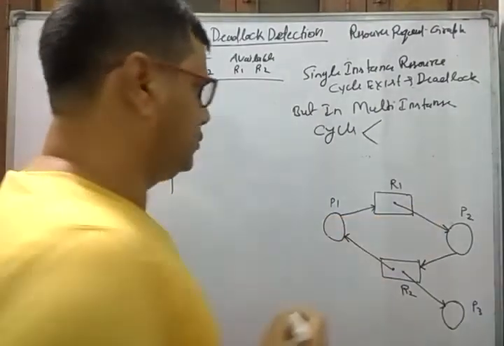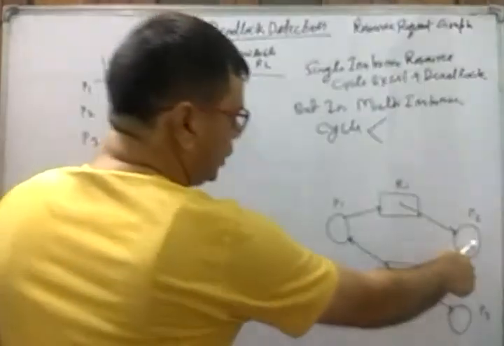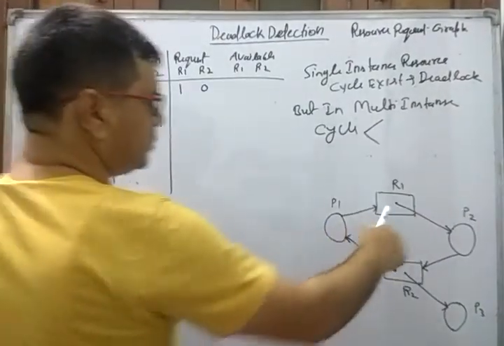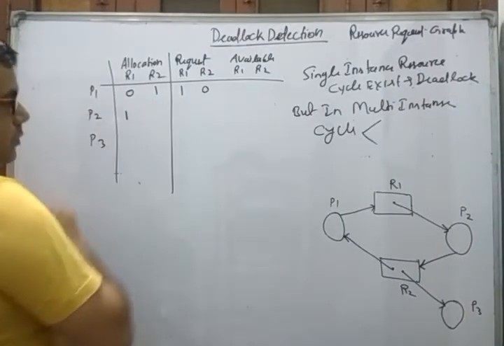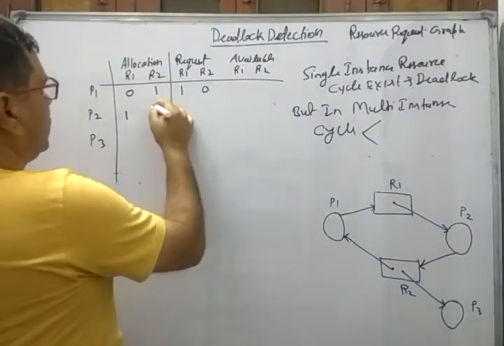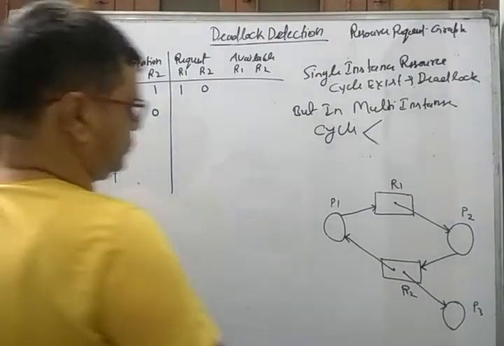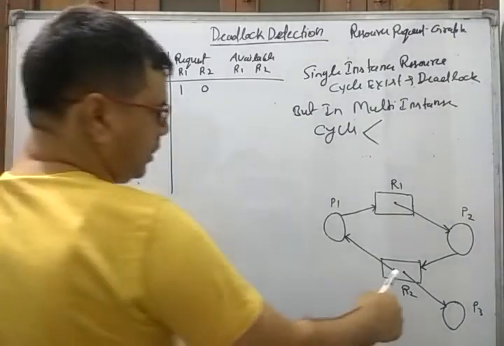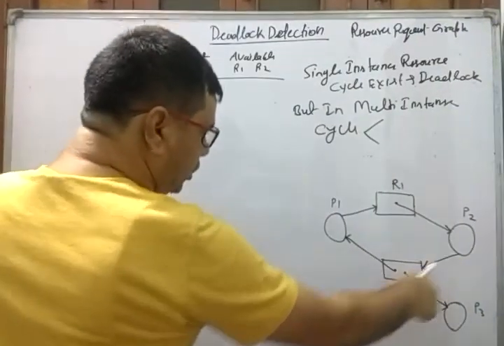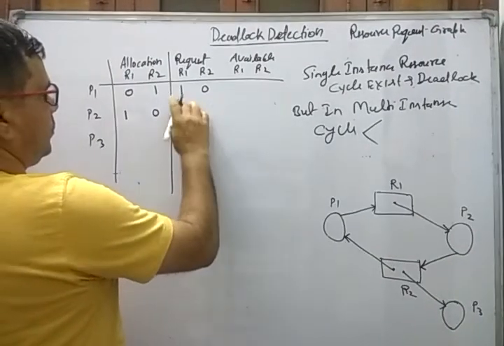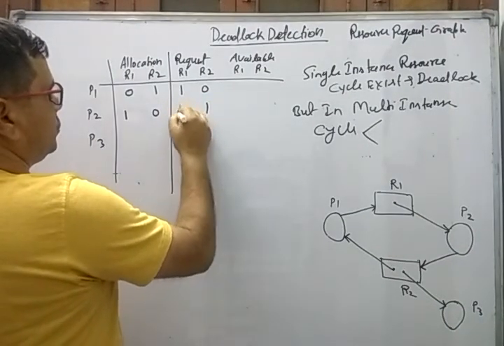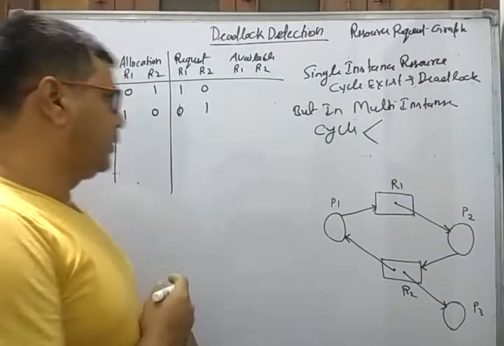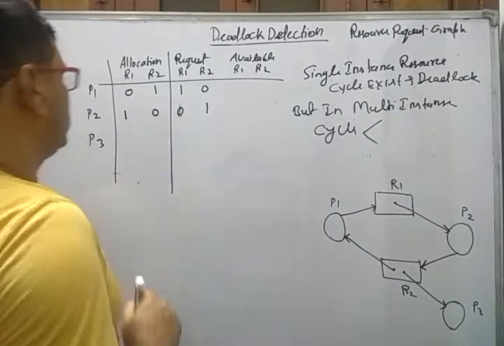Again, process P2 is assigned resource R1, and it is not assigned resource R2, that is 0. Process P2 is requesting R2, and not requesting R1, that is 0.